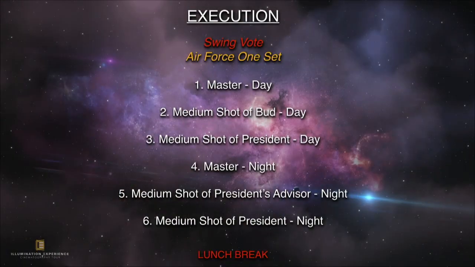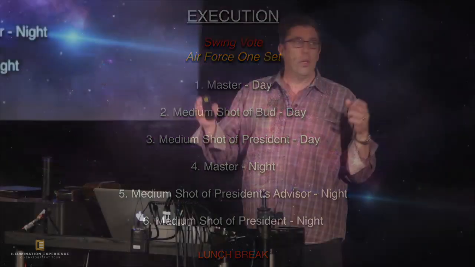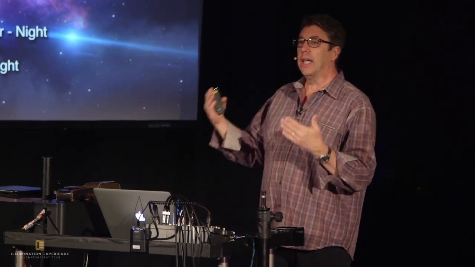Okay, then we spin over into a full night mode on the set and do mediums of the advisor and the president. All this is free flowing. We're going to go through the dialogue again and the script, but I really want you to feel what the emotion is and where the scene should take you. Do we need to move? Is that what the scene is telling you? You've got to listen to the dialogue and listen to the script and take the things that we talked about yesterday, which is camera emotion.